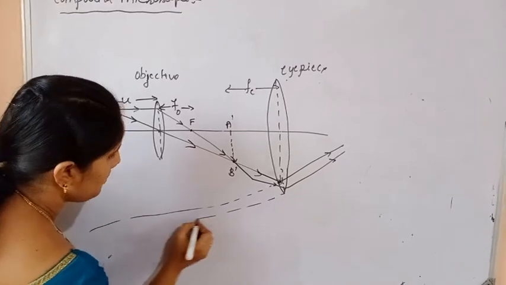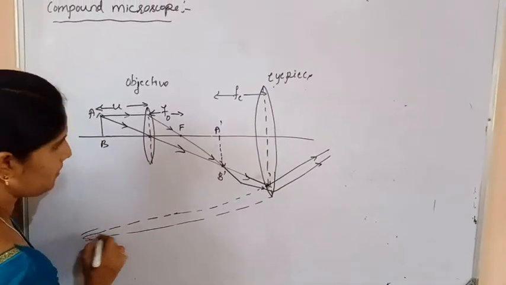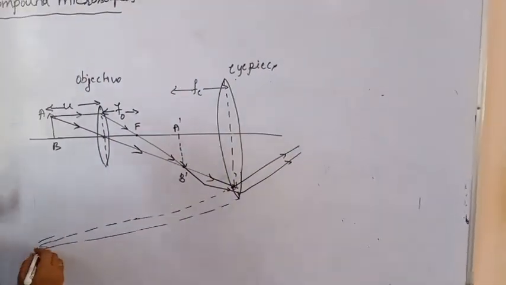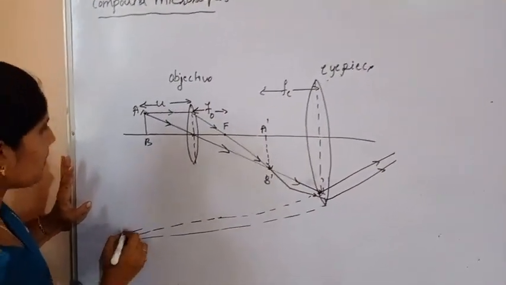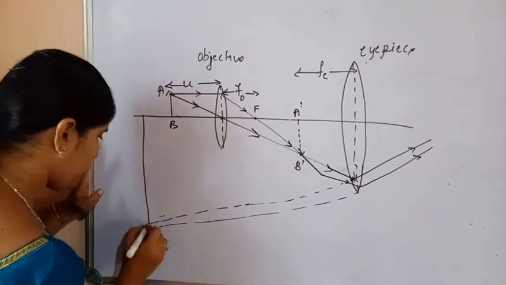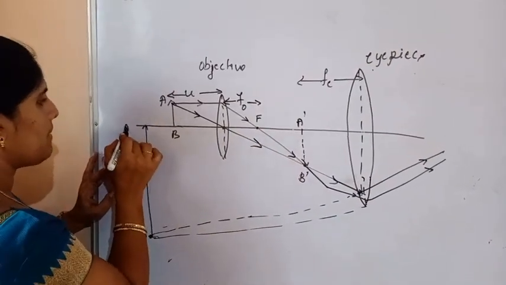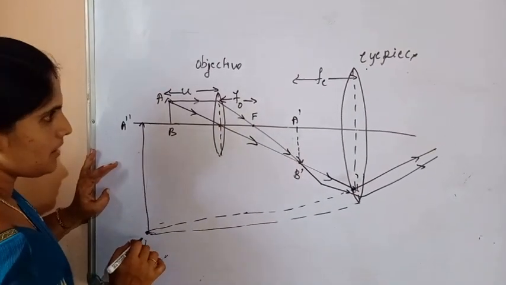They appear to diverge from this point. So the image of the object AB is formed at this point. This is the image of the object, that is A double dash B double dash.